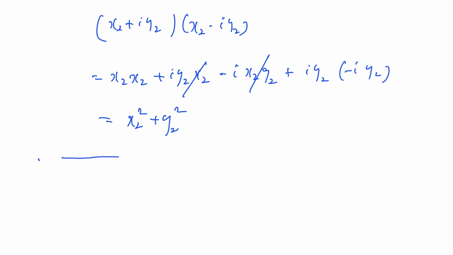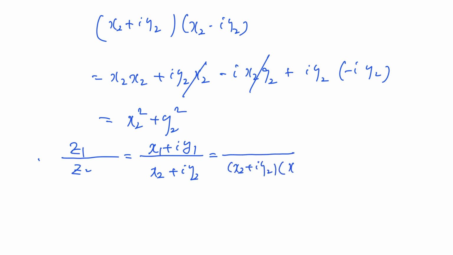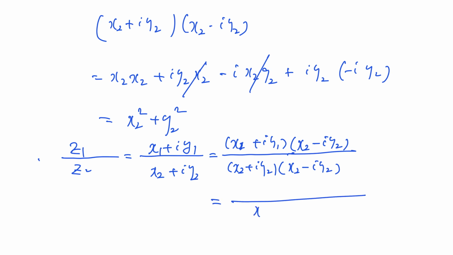So z1 over z2, which is x1 plus iy1 over x2 plus iy2, is x2 plus iy2 times x2 minus iy2 ... the numerator x1 plus iy1 times x2 minus iy2, over x2 squared plus y2 squared, giving x1 x2 plus y1 y2 plus i times x2 y1 minus x1 y2.